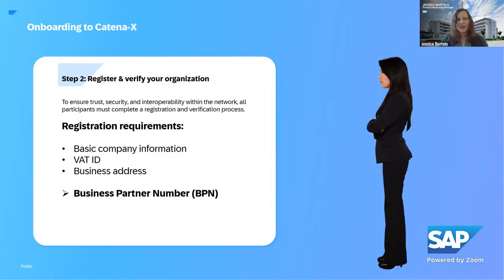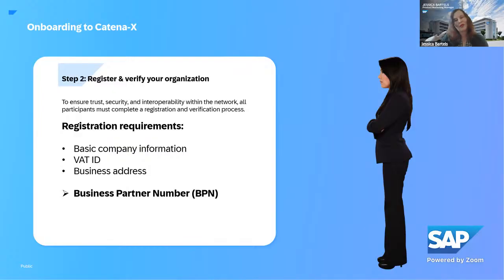You will submit your data and an independent clearinghouse will validate it. After that approval, your organization will receive a business partner number, which acts as your unique digital identity inside the Catena-X ecosystem.